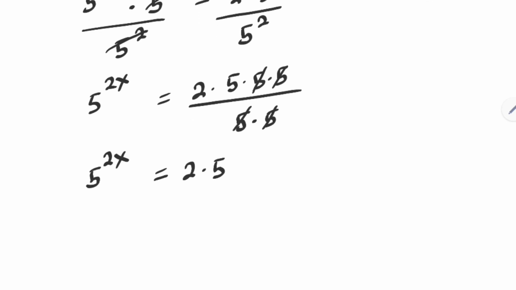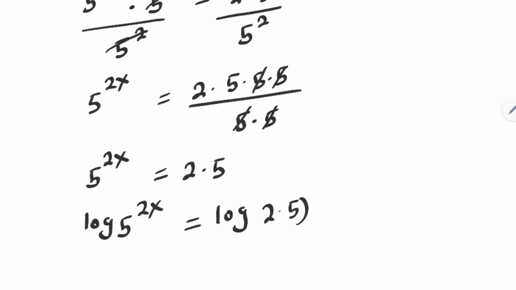Let us take the log on both sides of this equation. Log 5 raised to power 2x is equal to log 2 multiplied by 5. Then if you have log a raised to power b, this is equal to b log a.